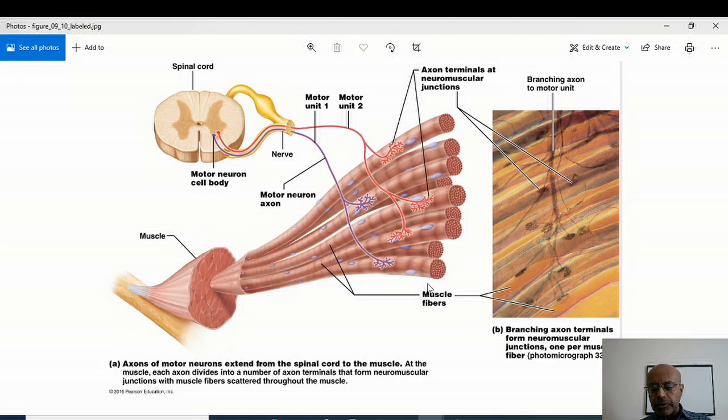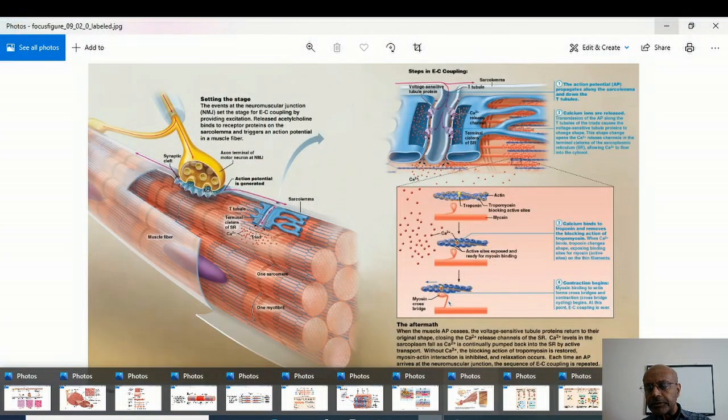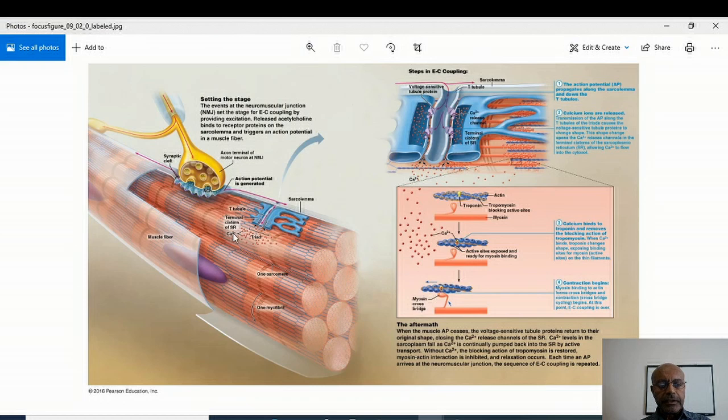Let me show you a more detailed picture of a neuromuscular junction. Here is a neuromuscular junction. Here is a skeletal muscle cell. Here is a neuromuscular junction.